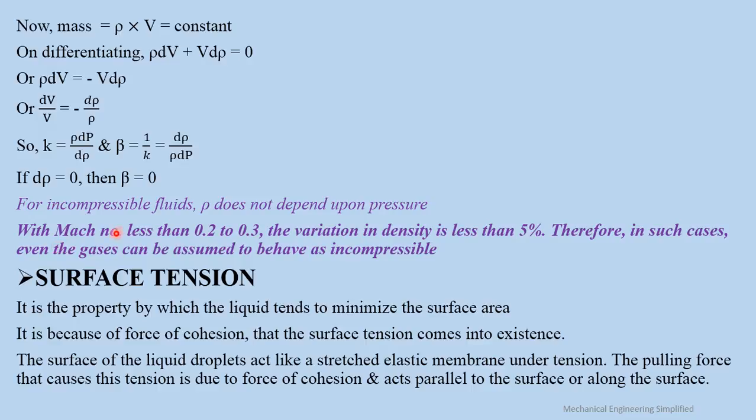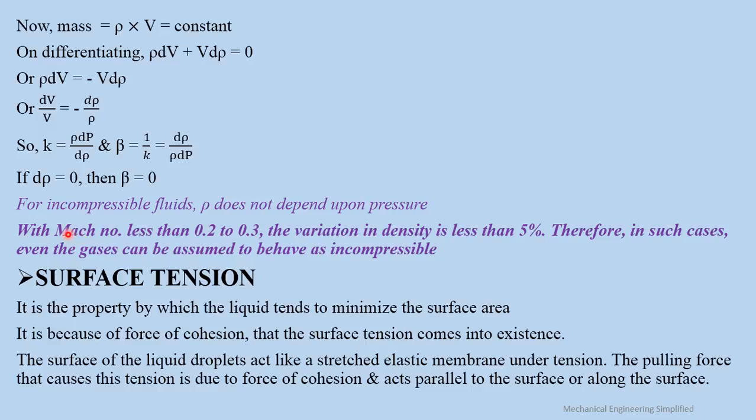If the Mach number, what is a Mach number? Mach number is the ratio of the square root of inertia force by elastic force, which we will take in detail later in the chapter on dimensional analysis, but for the time being just note it.